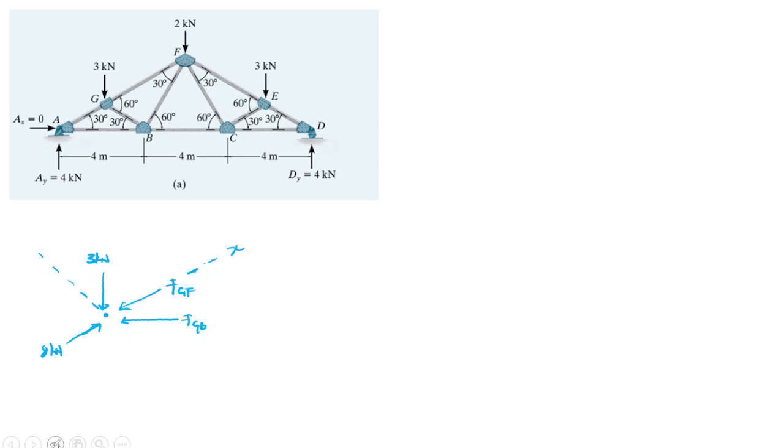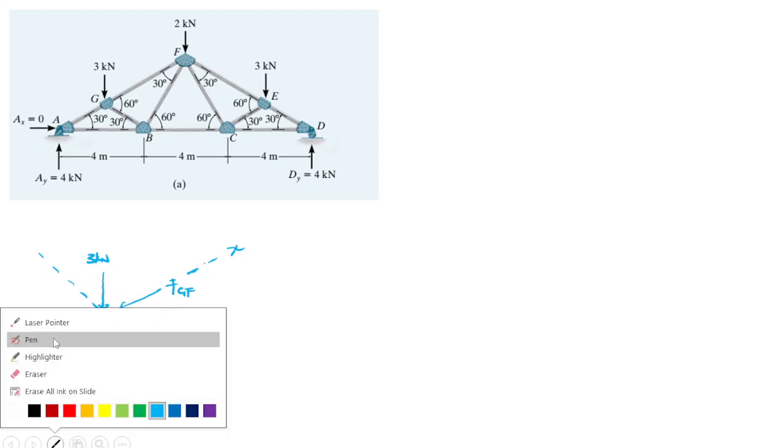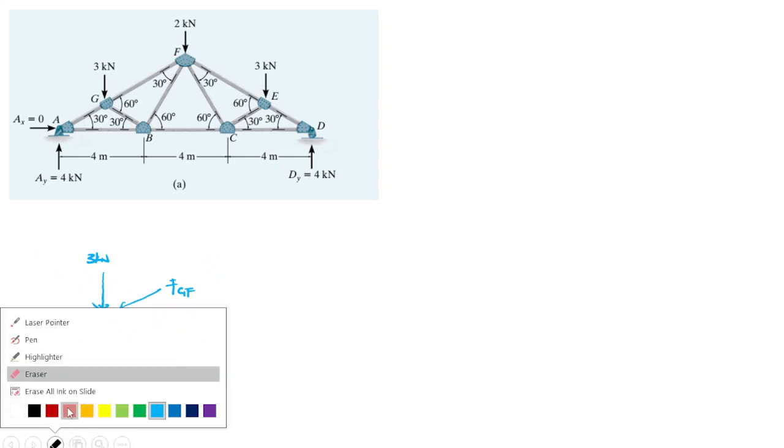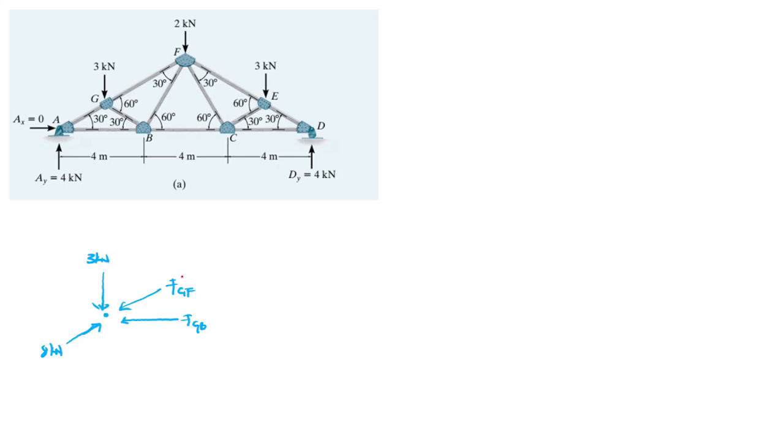Maybe I should use another color to draw the x and y axis. Our x-axis lies in this direction, and our y-axis, at the perpendicular, lies in this direction. So if this angle is 60 degrees, let me draw this out as well.